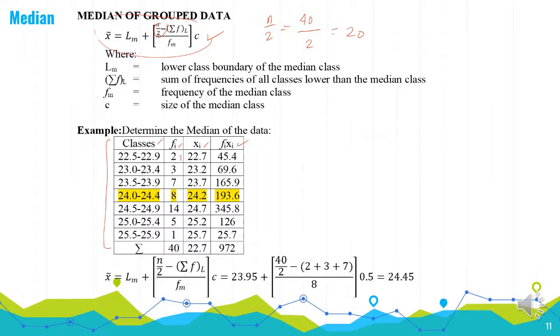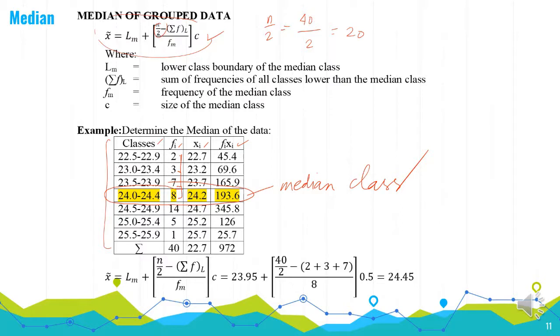Hindi pwedeng kulang. Okay? So, umpisa natin. 2 plus 3 is 5. Plus 7, 12. Plus 8, 20. Kaya, ito yung naka-highlight. Ibig sabihin, itong naka-highlight ng yellow is your median class. Okay? Median class.